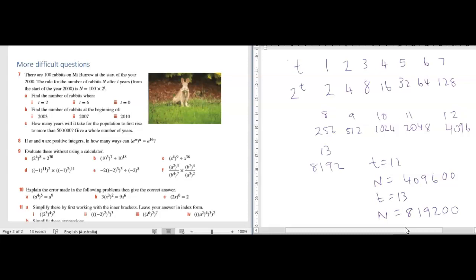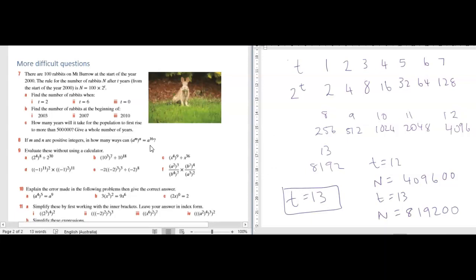So that means, because we've got to give it in whole years, if we said 12, obviously 409,600 is closer to 500,000, but you don't quite have that many rabbits there yet. So your final answer has to be t equals 13. Because after 13 years, we definitely have more than 500,000, but after 12 years, we haven't yet made it.